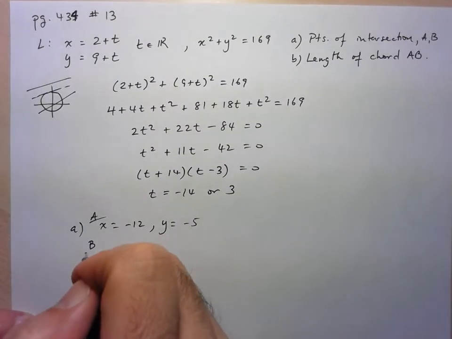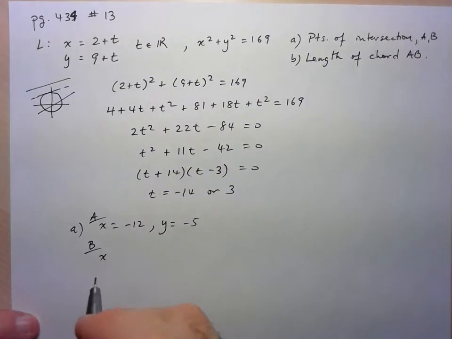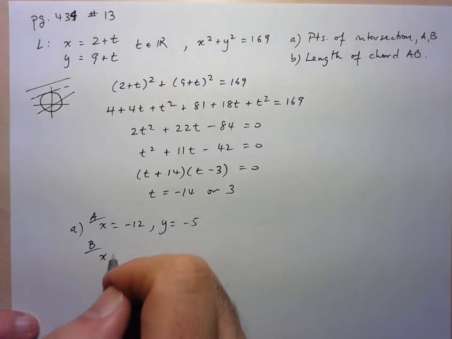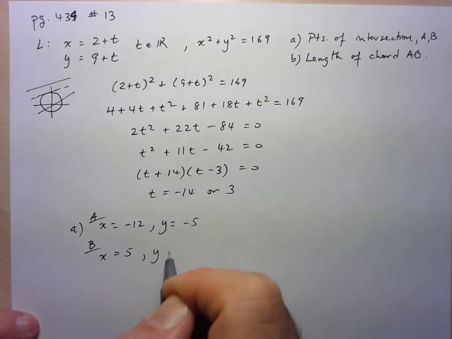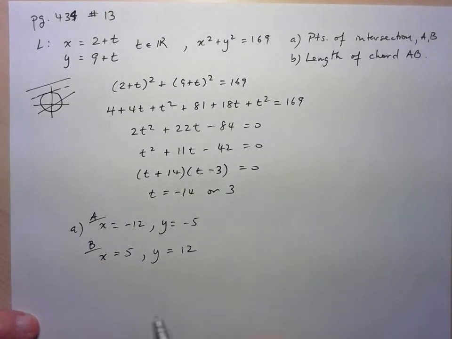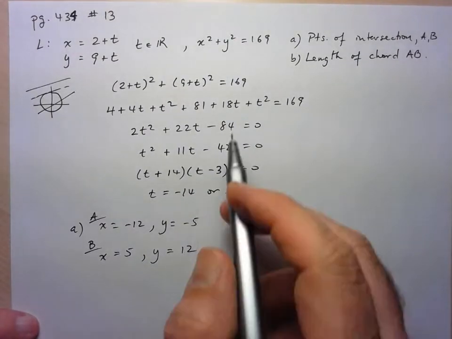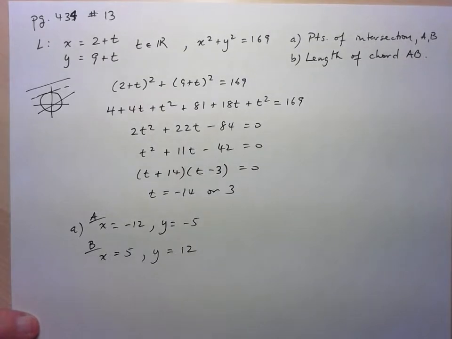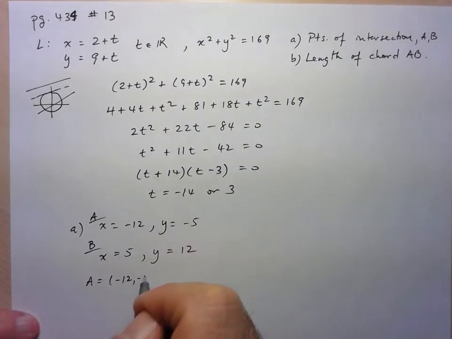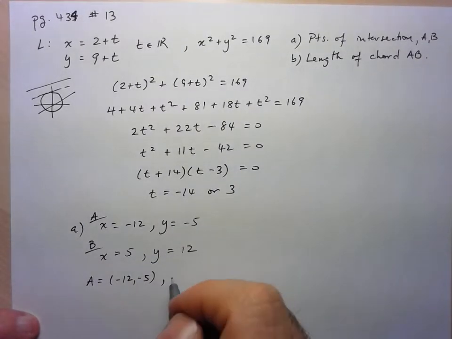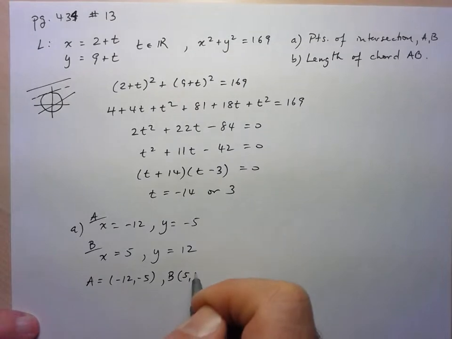And then point B, x is equal to 3 plus 2 is 5, and y is 9 plus 3, which is 12. You can do a quick check: if you do 5 squared plus 12 squared, you are going to get 169. So these are our 2 points. Technically we should write them out as coordinates: A is negative 12, negative 5, and B is 5, 12.